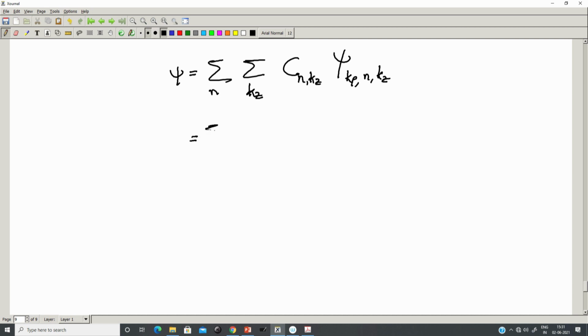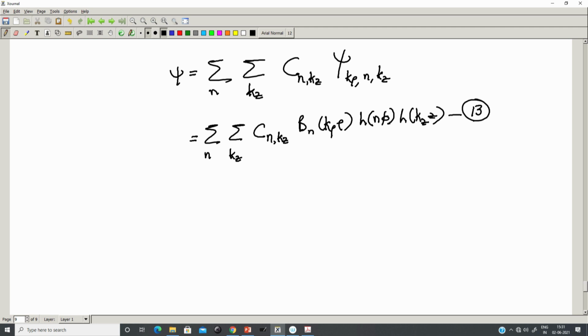That can be written as summation over n and k z, C n k z B n k rho rho h n phi h k z z, which is equation 13.